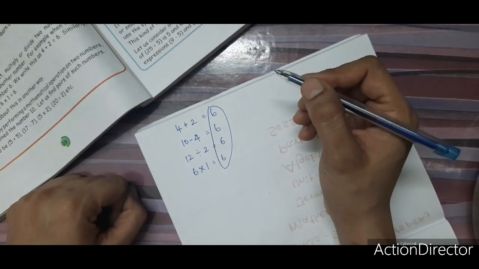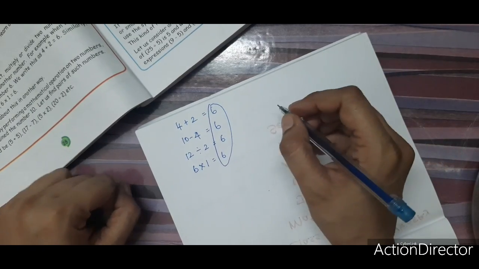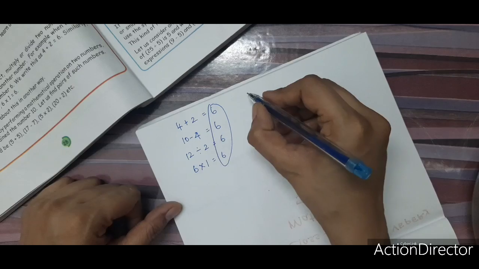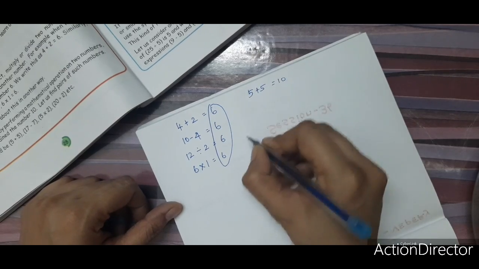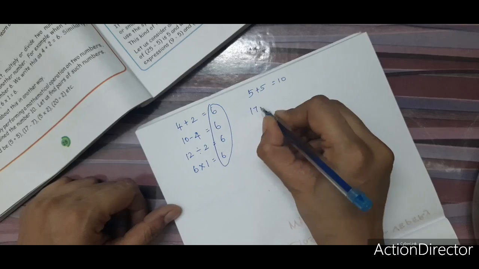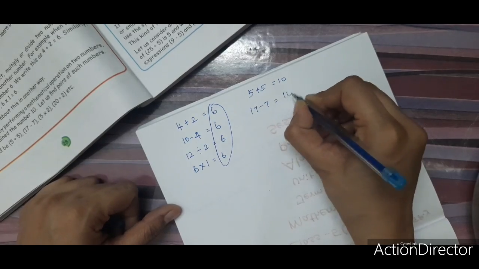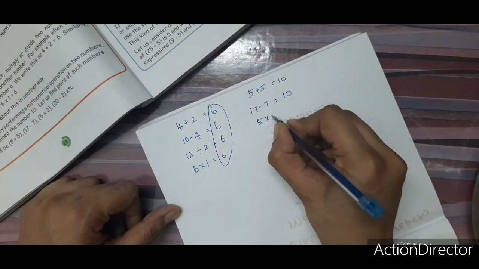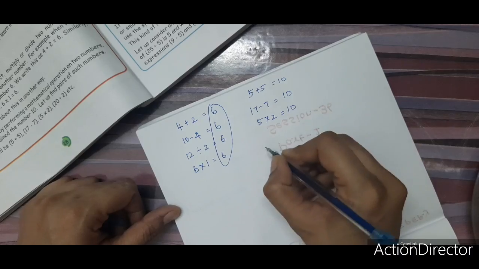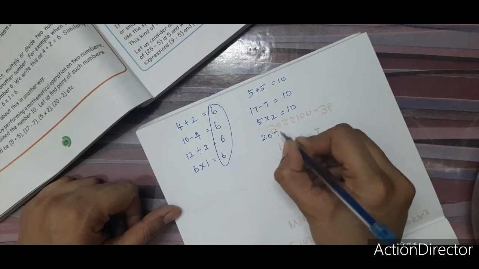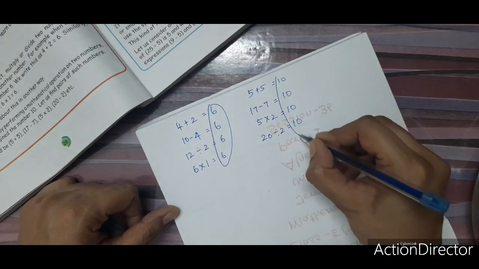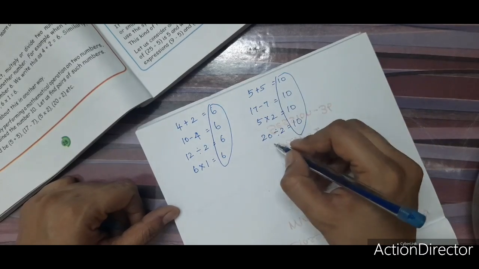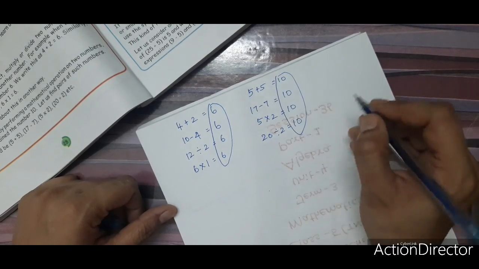Suppose you consider some more examples. 5 plus 5 is 10. Then 17 minus 7 is 10. 5 into 2 is 10. 20 divided by 2 is 10. So all these, if we do the operation, we are getting the answer as 10.